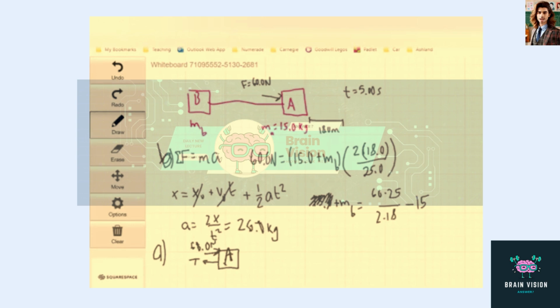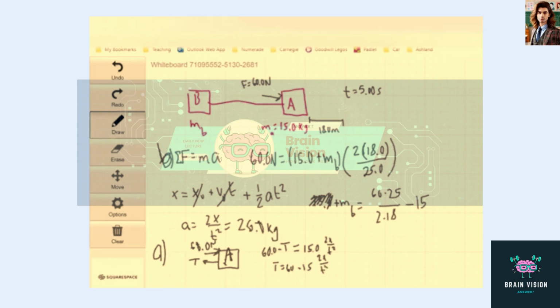So I'm going to do, because this is also accelerating, 60 minus t, that would be the sum of the forces, equals the mass, which is 15, times the acceleration, and we already know that the acceleration is 2x over t squared. So t is going to be 60 minus 15 times 2x over t squared.